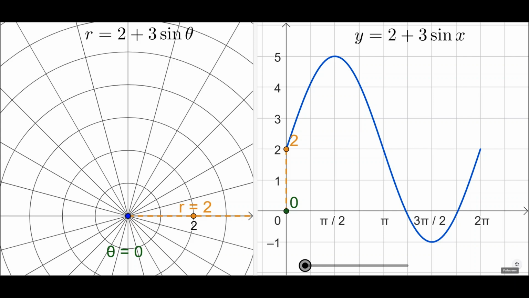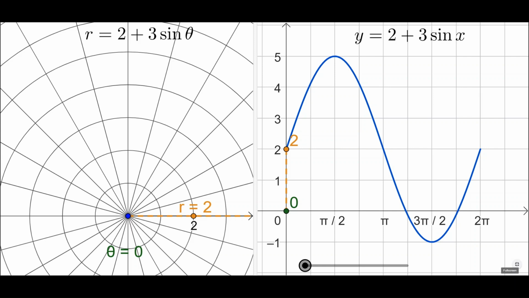Now, as we take our sinusoidal graph, y equals 2 plus 3 sine x, and start to move from left to right, starting at x equals 0 and traveling to the right until we get to x equals pi over 2, that corresponds on the polar graph to rotating from 0 to a pi over 2 angle.